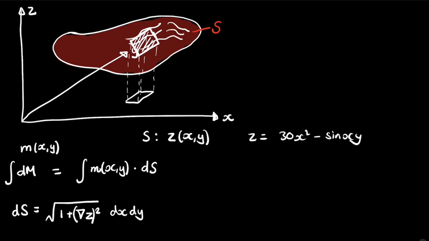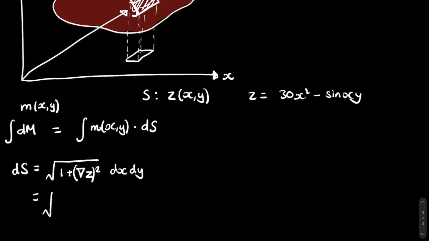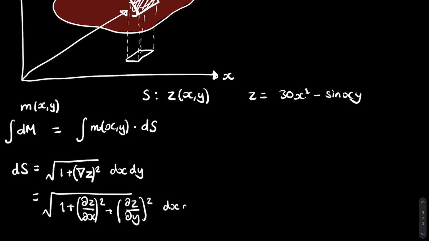I said in the last video that gradient is in fact a vector quantity, but in this case, you only take the magnitude of it. So if I was to expand this out, you get the square root of 1 plus dz by dx all squared plus dz by dy all squared, times dx dy.